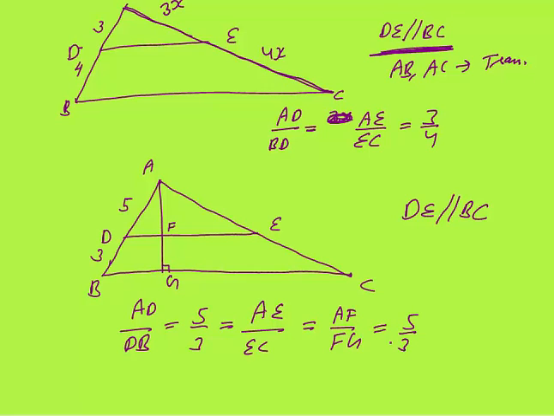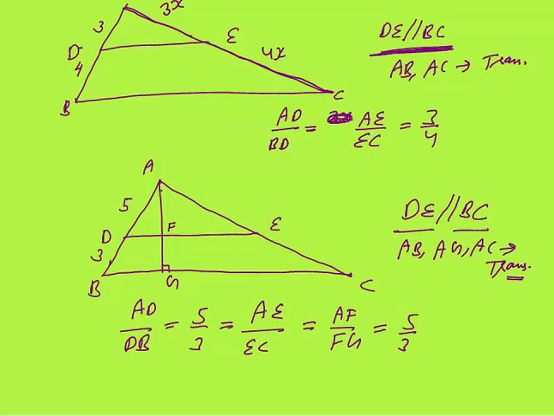So it is a very important property: when two or more lines are parallel and two or more transversal lines cut them, the ratio of corresponding parts will be equal. Here DE is parallel to BC, and AB, AG, AC are transversal lines.